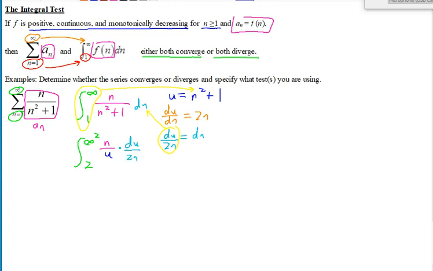And then we can see the n's reduce out, which is what we wanted. Get all in terms of u. We can pull out the 1/2 out the front. And then we're just left with the integral from 2 to infinity squared of 1 over u.